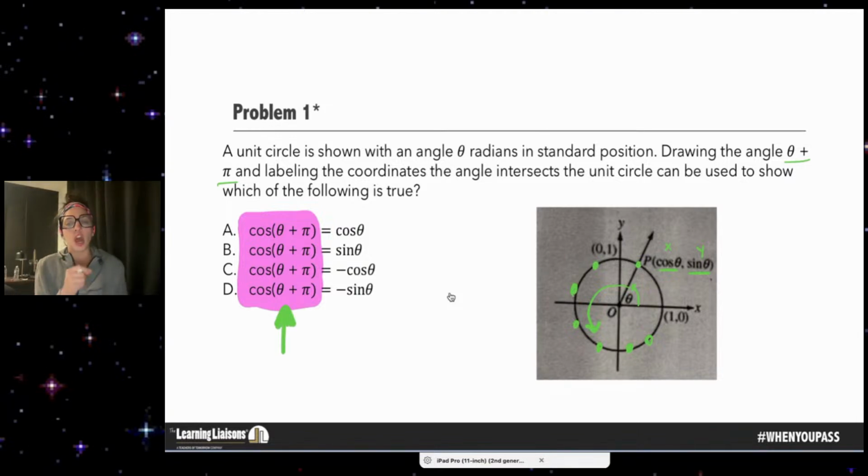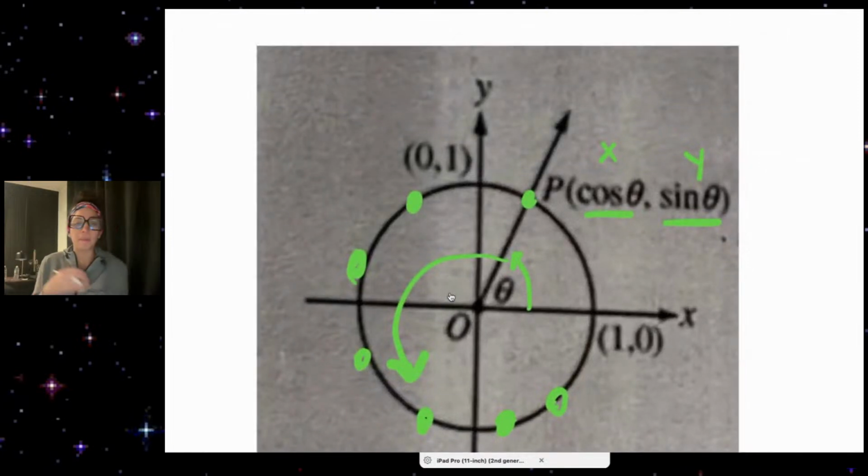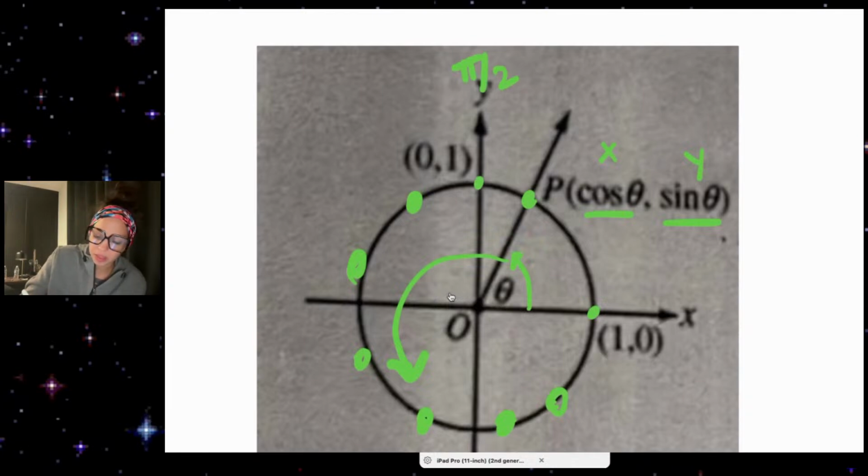Now, what do we know about pi on a unit circle? I know that pi represents 180 degrees. If this is 0, this is pi over 2, this is pi, this is 3 pi over 2, and then this becomes 0 and 2 pi.